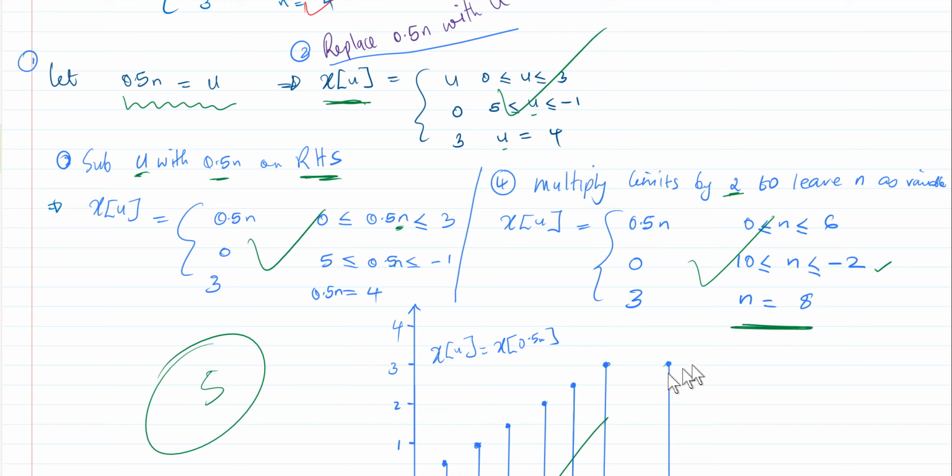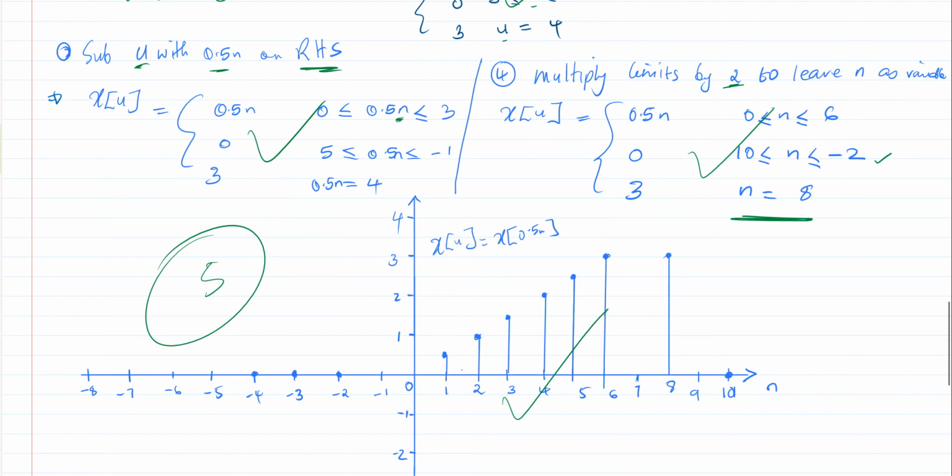These are now our new limits, and that is sufficient to enable us to draw our diagram, because now we can evaluate the value of x of u, which is also x of 0.5 n, on the right hand side. When n is 0, we get a 0.